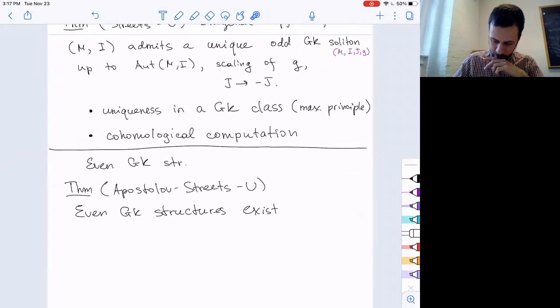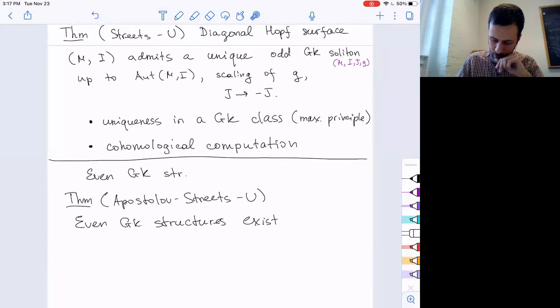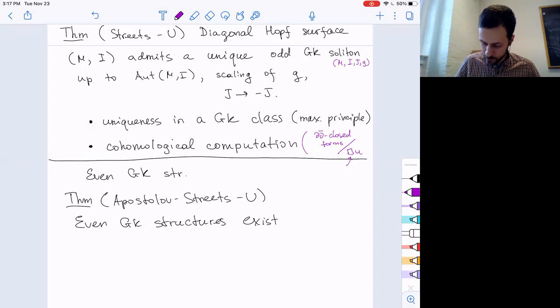So it's something like del bar closed forms modulo a certain operator on functions, and this operator on functions is defined using the splitting of your tangent bundle.